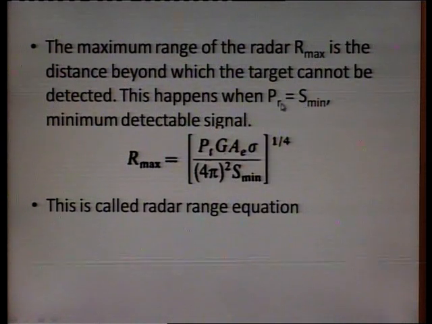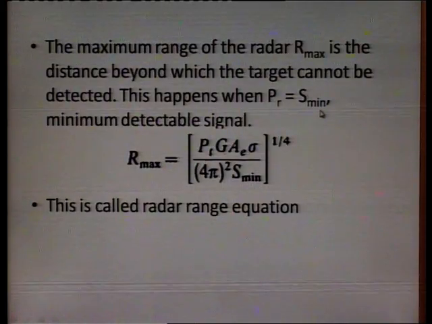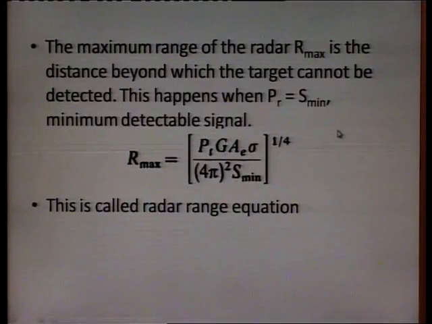P r means received signal, as P t was the transmitted signal. So, that received signal should be equal to S minimum. Now, what is that S minimum? Minimum detectable signal. Radar is made up of some electronic material, or there are some devices which are used for radar.